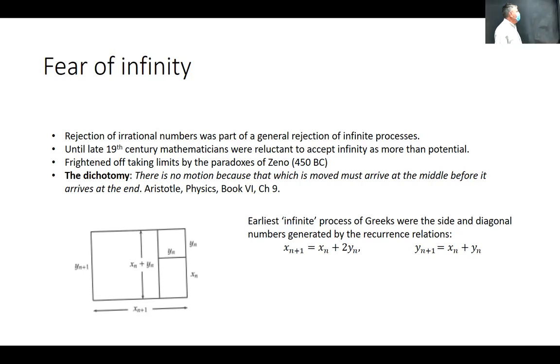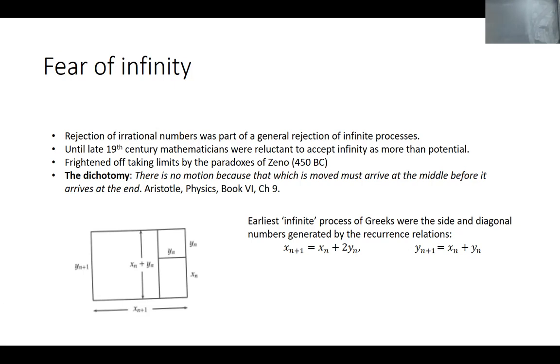What the Greeks did with that was to say, let's suppose this rectangle is not exactly square root of 2 and 1, but approximates it. Then if we go out here, this rectangle will be a better approximation of the square root of 2. This gives a recursion relation. You start off with xn and yn, where xn over yn is approximately square root of 2.